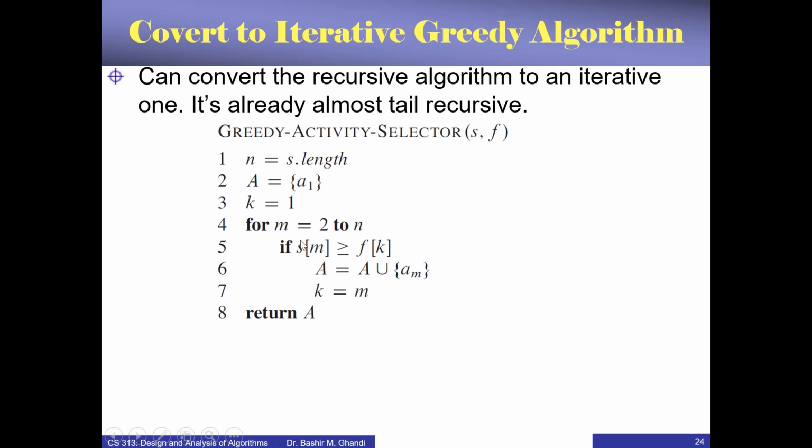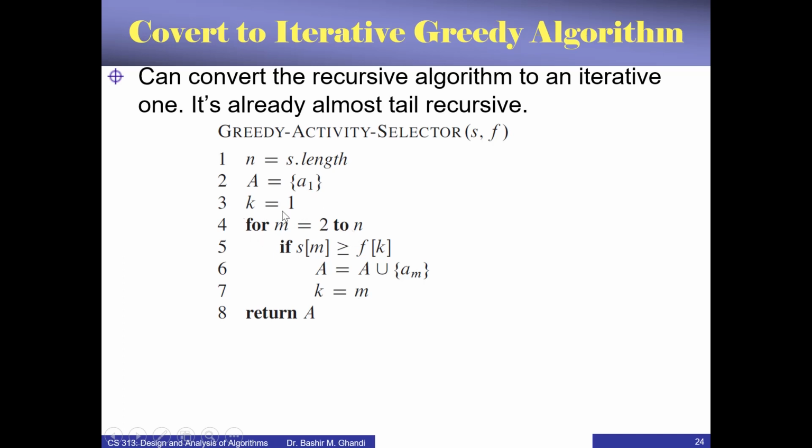Okay, but if not, you will not add the AM to the set. We will just increment M to 3, to 4, and so on, until we find an activity whose starting time is greater than the finishing time of our current activity AK, which we have chosen.